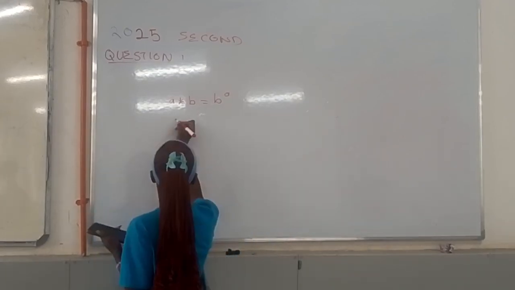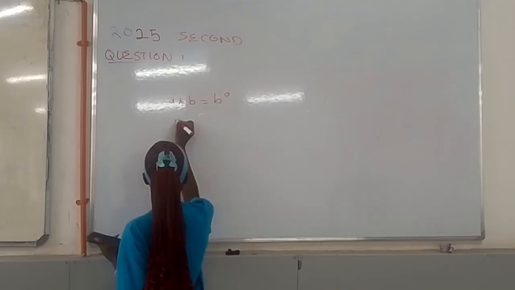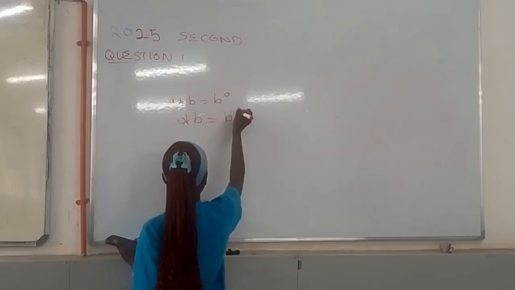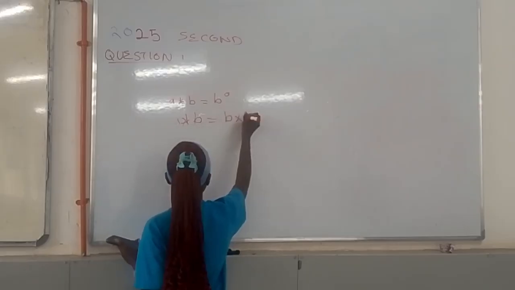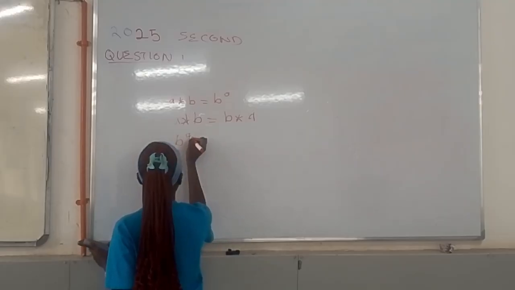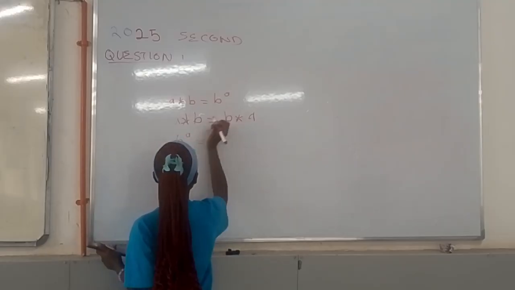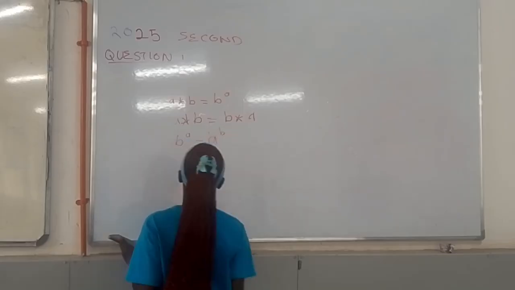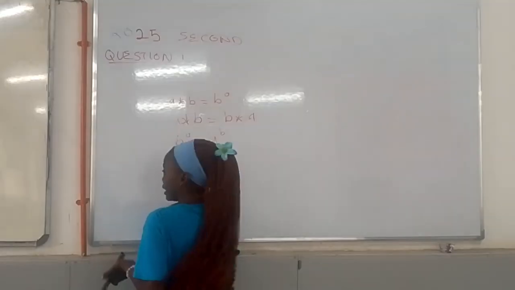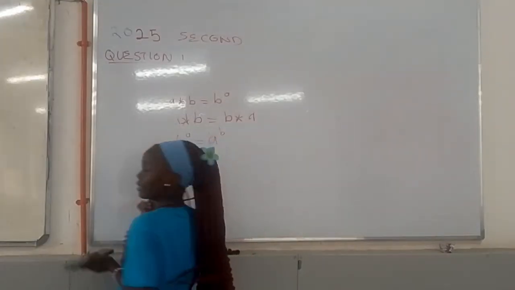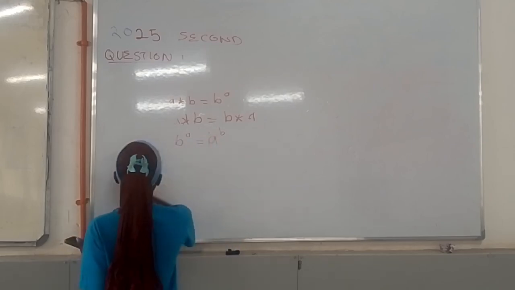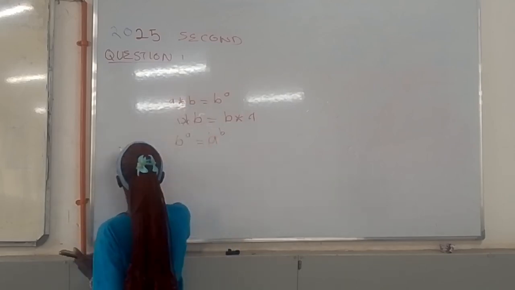So here we said that if it is commutative, means B star A is equal to A star B. So here we can find any two real numbers.